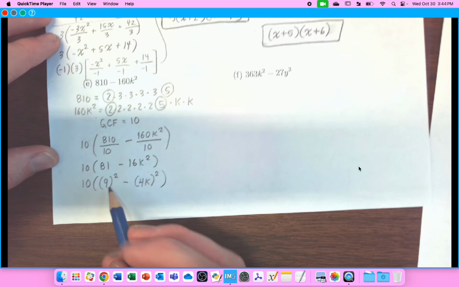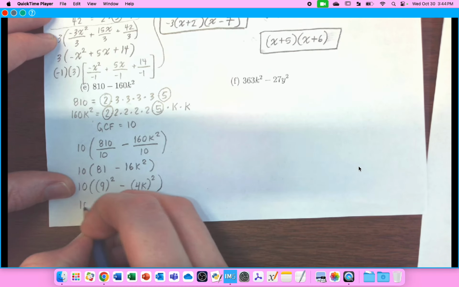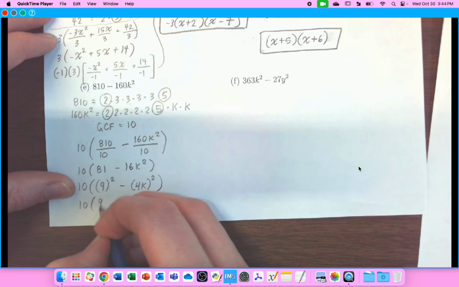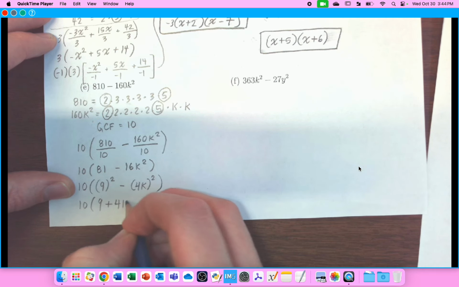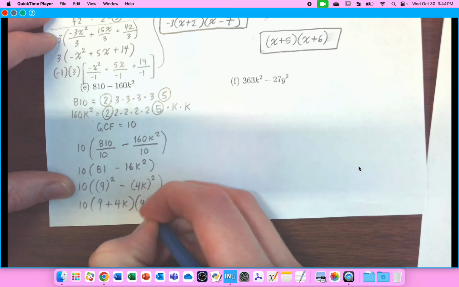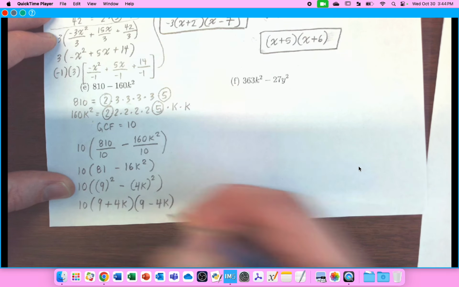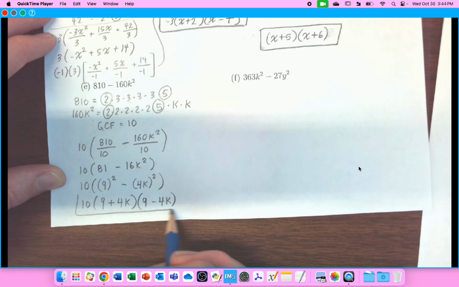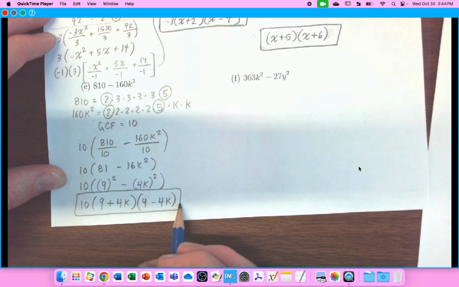So that's my A, that's my B. So it needs to be 9 plus 4k, 9 minus 4k. And that should work out.